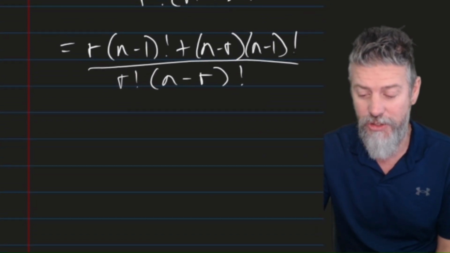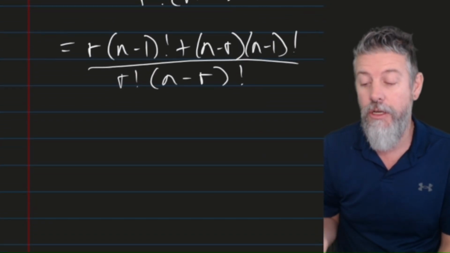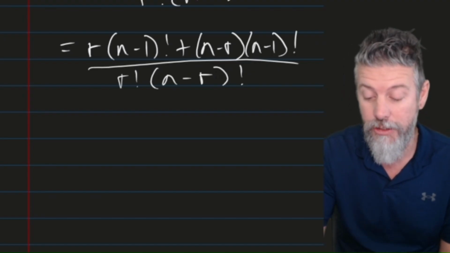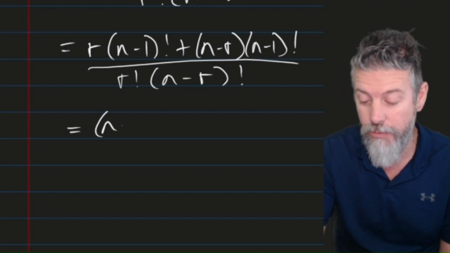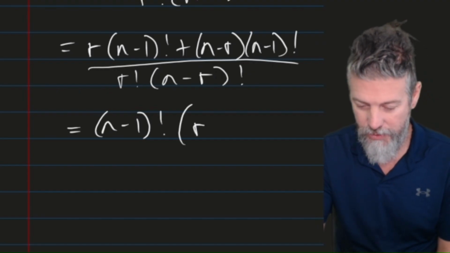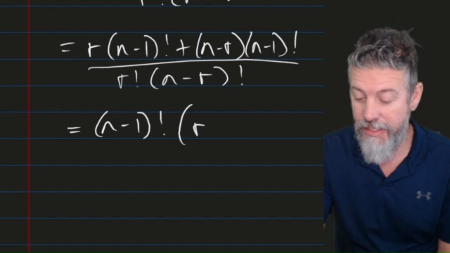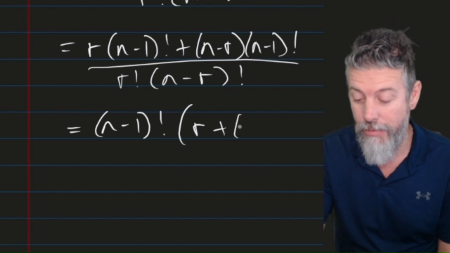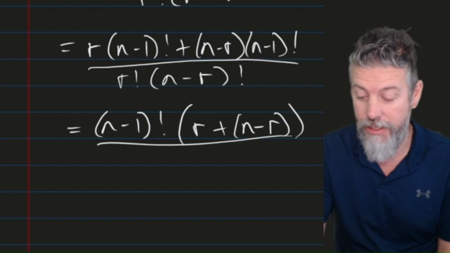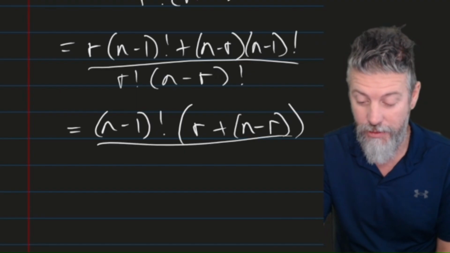How do we tidy up the top when we've got these strange expressions? Well, you'll notice that the n minus 1 factorial is in both terms. So if we take n minus 1 factorial out as a factor, what would it be left with? Well, the first term needs an r, and the second term needs an n minus r. So now we factorize that n minus 1 factorial.